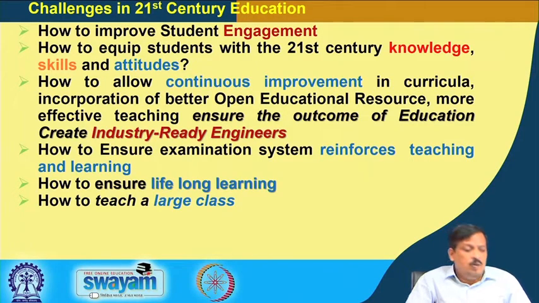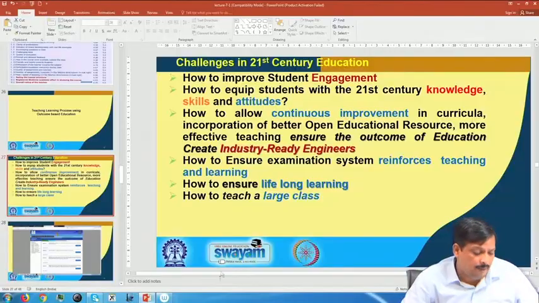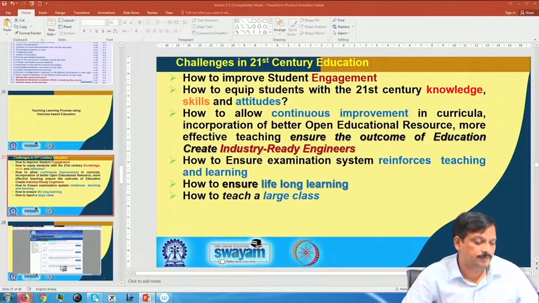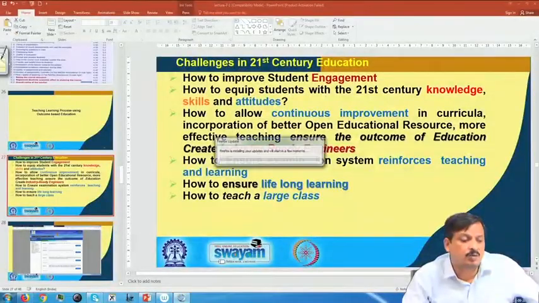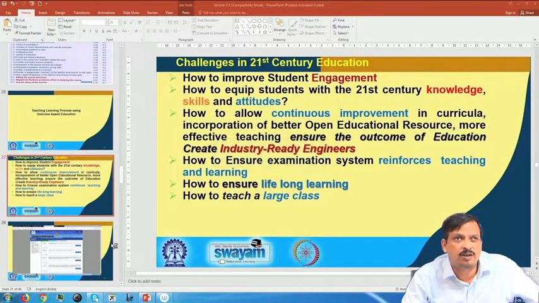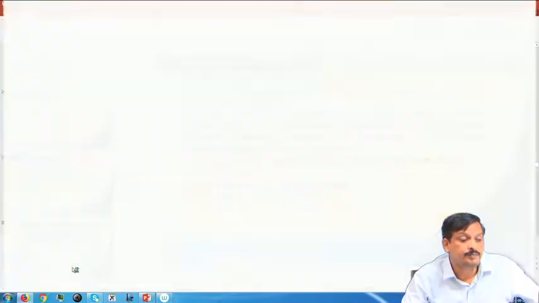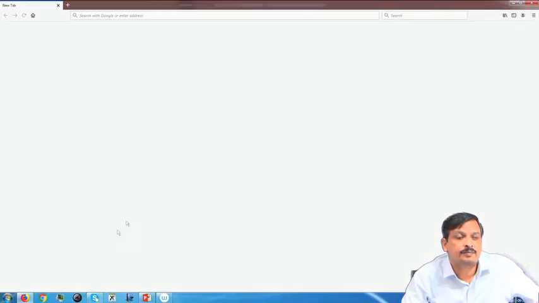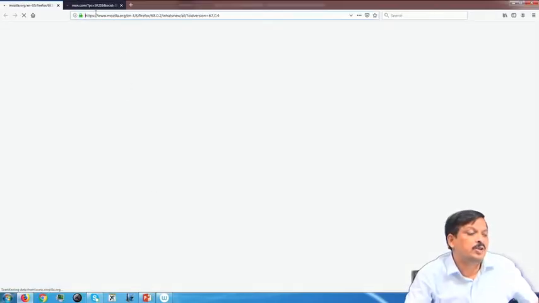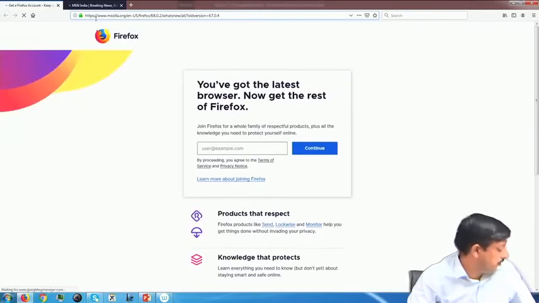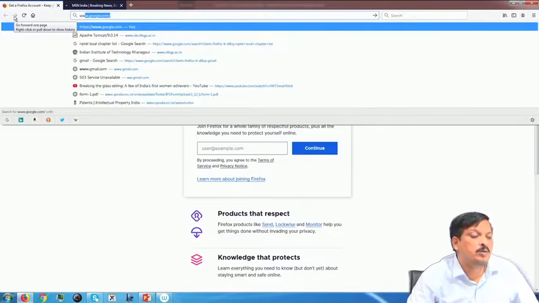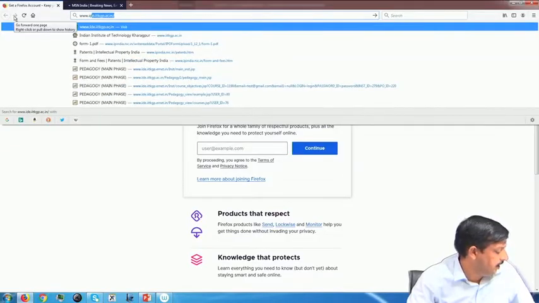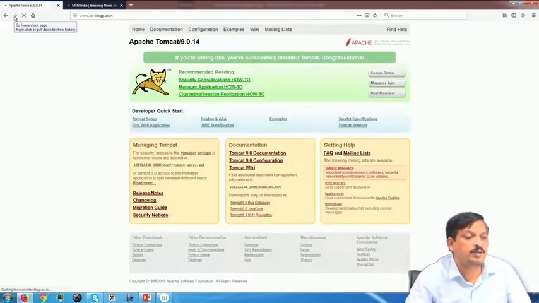Okay. Now, what I said in outcome based curriculum design, if I open that outcome based curriculum design software, I just open it, just a minute while it is loading. Okay. So, let us open www.ide.iitkgp.ac.in.